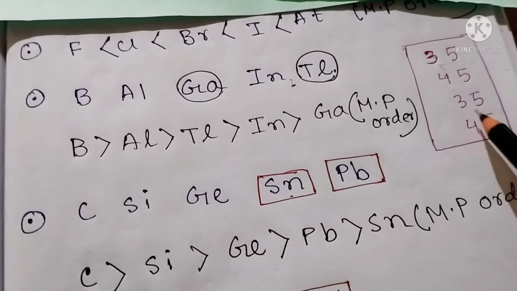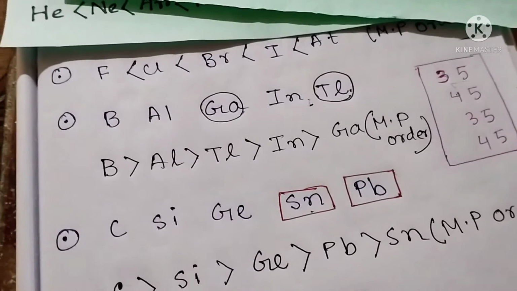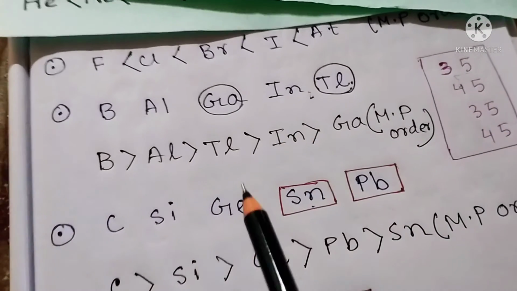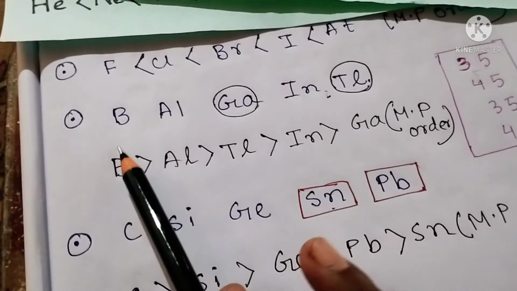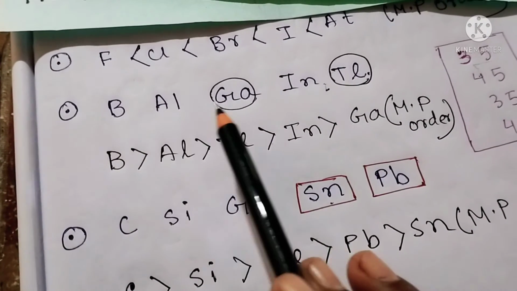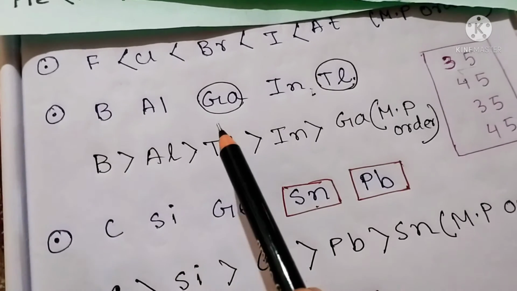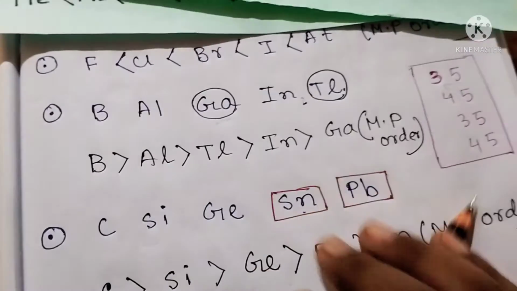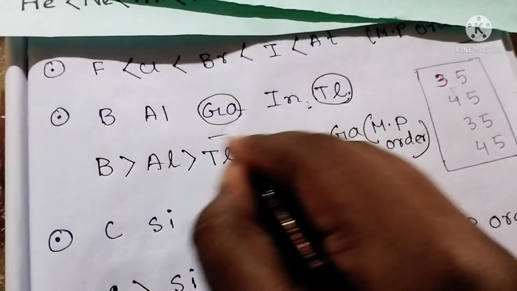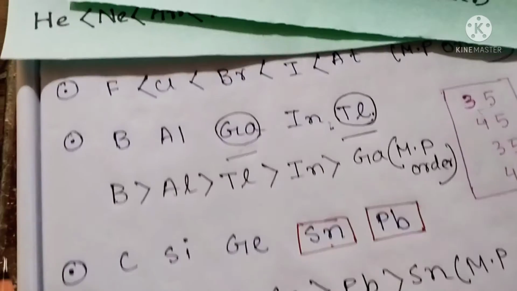3545. We should remember this trend, and if we remember this trend we can easily do this. Now here we take the boron family: boron, aluminium, gallium, indium and thallium. Here this is the 3rd position and this is the 5th position. Now what happened?